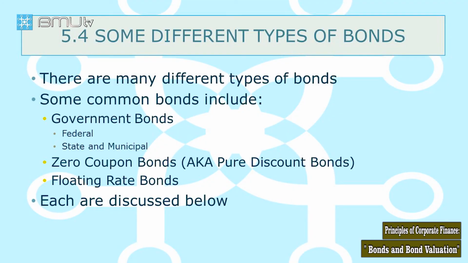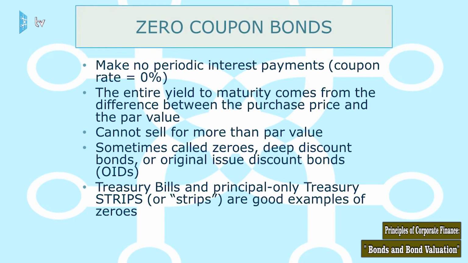There are many different types of bonds. Some coupon bonds include government bonds. These are federal for the US, state and municipal bonds. Zero coupon bonds, also known as pure discount bonds, and floating rate bonds are discussed. But zero coupon bonds, as the name suggests, make no coupon payments and pay face value at the end.